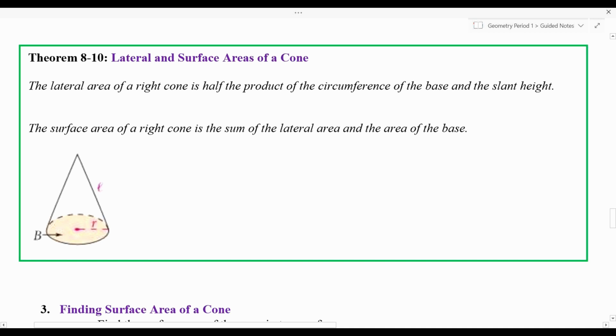So now for lateral area, the formula is going to look somewhat similar, but you'll see the difference.